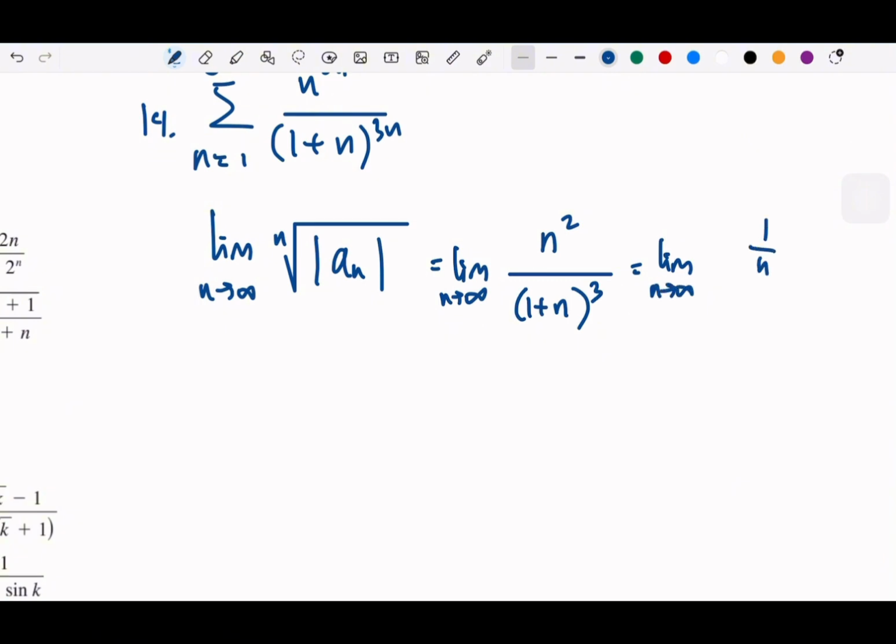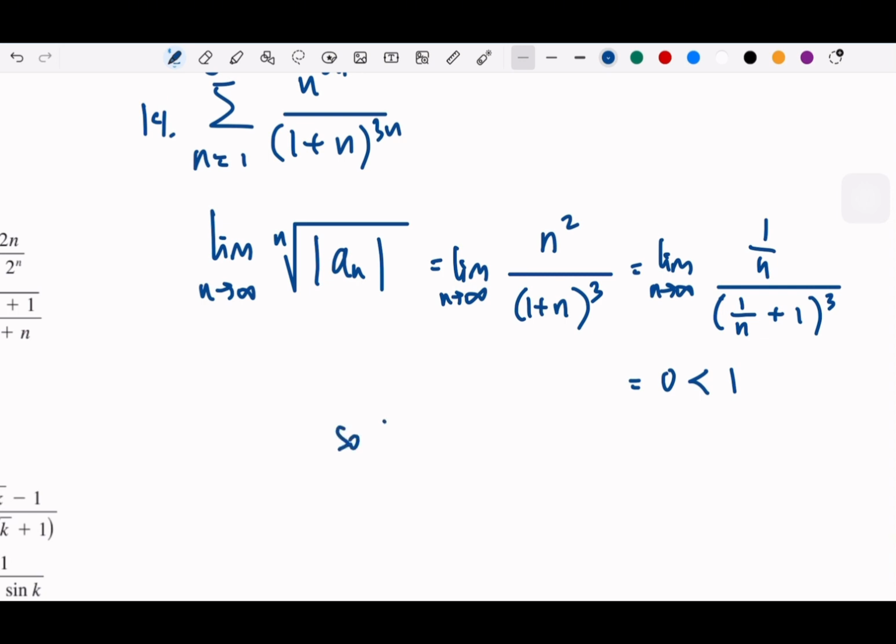So this will be 1 over n. So we have this property, right? So this will be 0, right? It's less than 1, right?